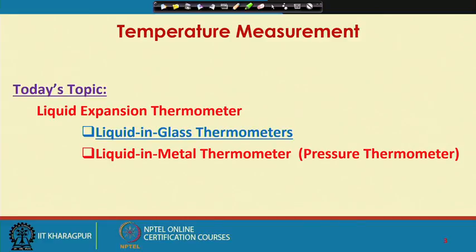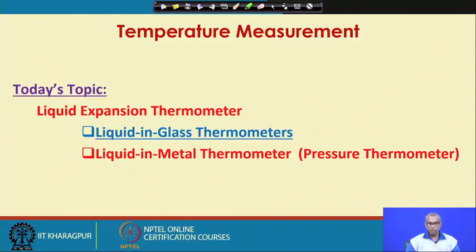So, today's topic will be liquid expansion thermometers. Under liquid expansion thermometers, we have liquid in glass thermometers and liquid in metal thermometers. Liquid in metal thermometers are also known as pressure thermometers. Today, we will talk about liquid in glass thermometer.